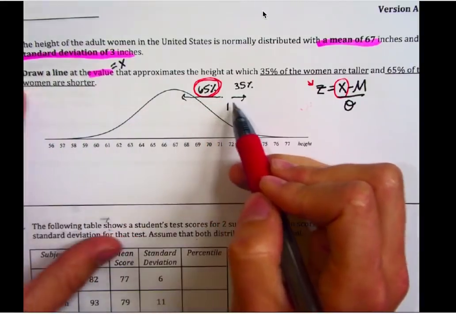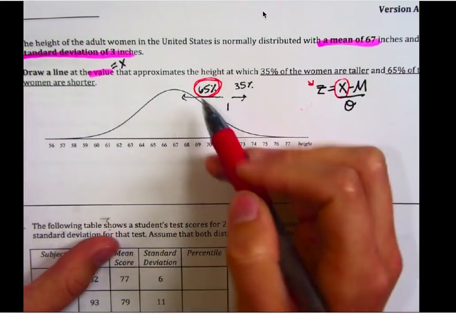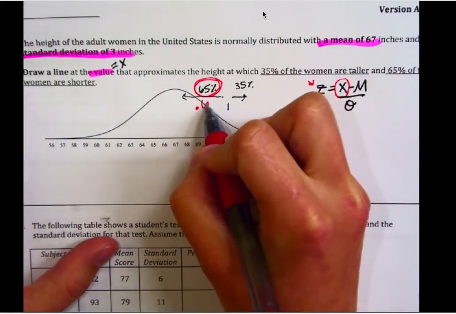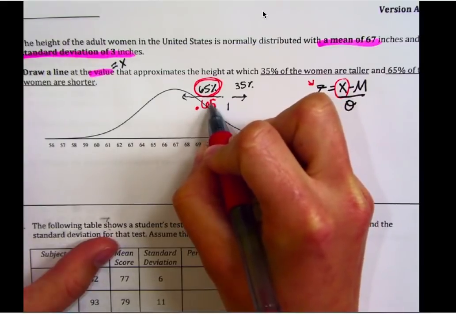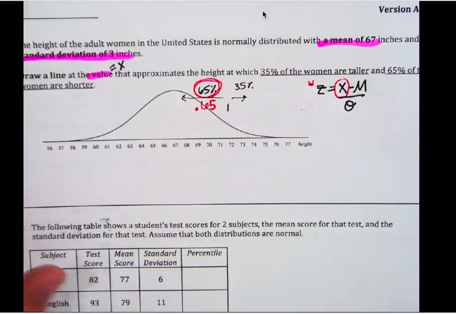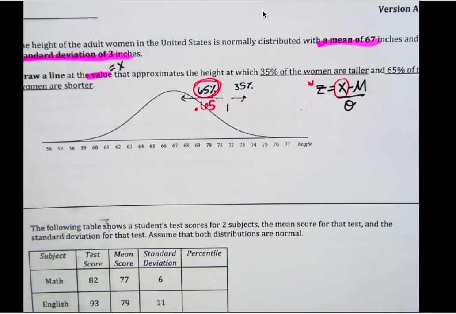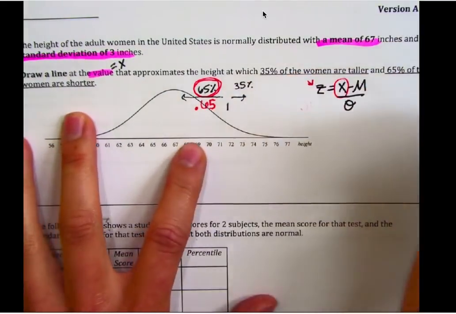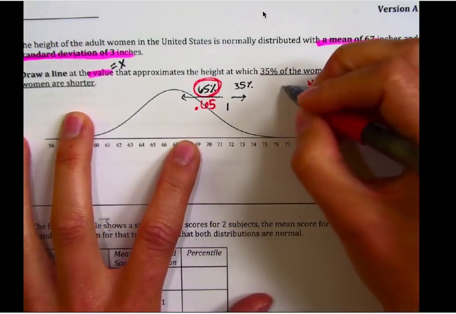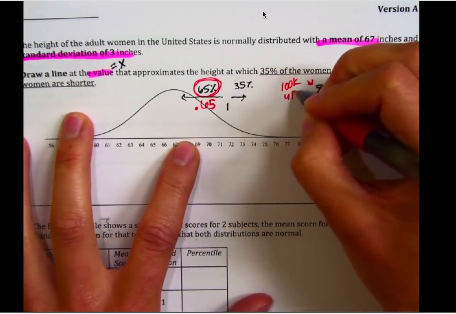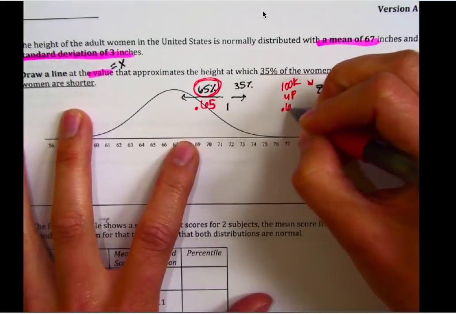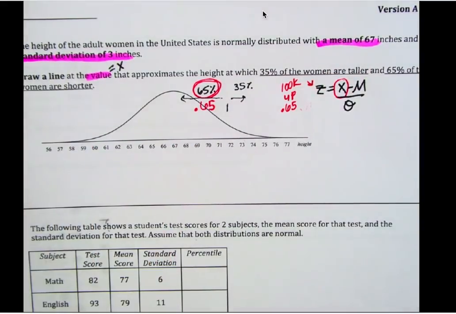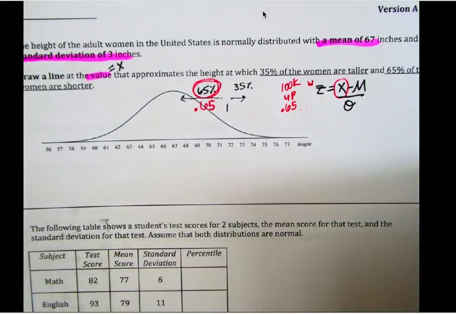Table talks about area on the left, so I need to use 0.65 as an area, which is shaded to the left, and the table is going to give that to me. So I'm going to first look up 0.65. So to find the z-score, I'm going to look up the z-score for an area of 0.65. So when I do that, I use my table.